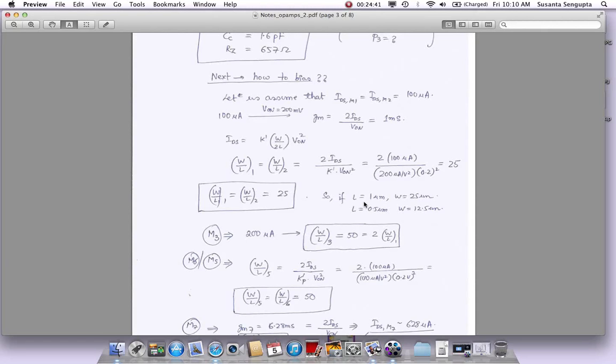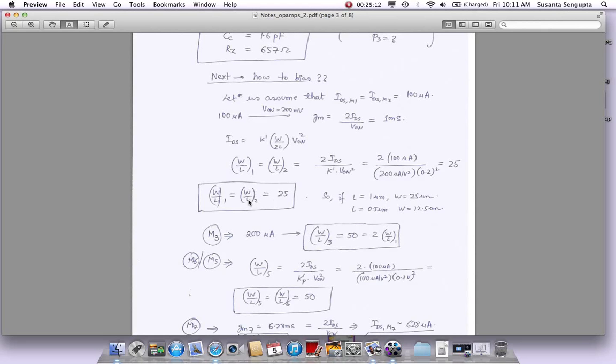But I have not told the technology yet, whether it's a 1 micron technology, 20-30-year-old technology, or the latest technology, which is say 28 nanometer or 14 nanometer. So this W over L gives you a relative value. It does not tell you what the value of the L is. That is a choice. You have to choose it judiciously, how long the channel length has to be to make sure it's long channel, but not too big.